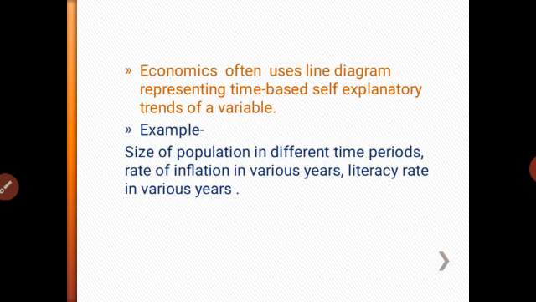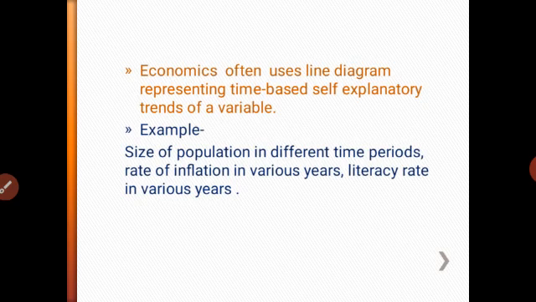An example is the size of population in different time periods. It means in 2011 our population is this, in 2012 the population increases or decreases, so the population changes on the basis of time.